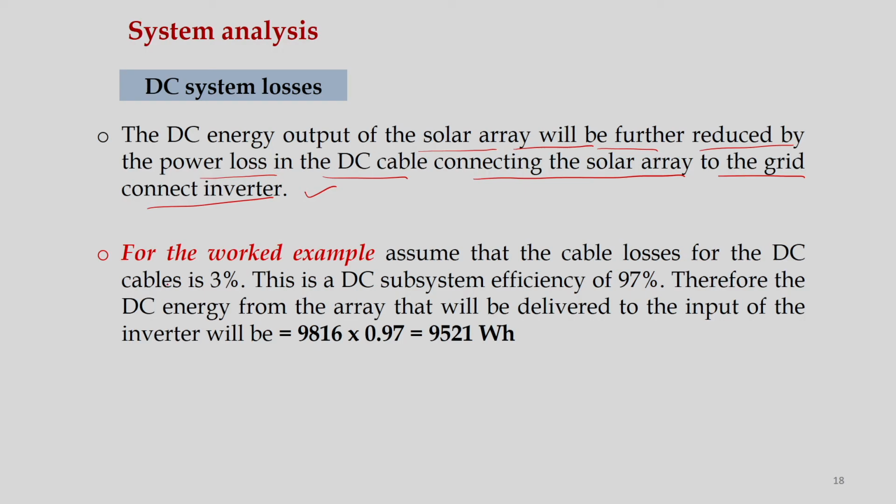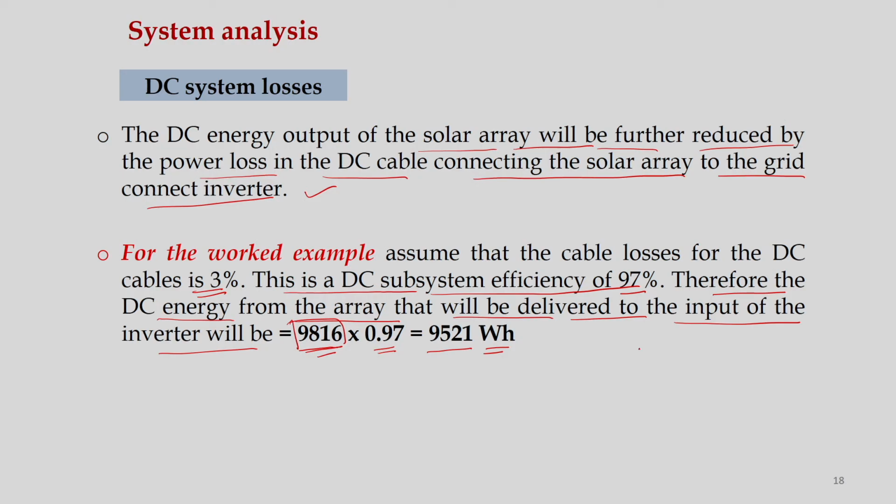If we continue with the same problem and add a loss of about 3% for this DC cable, then the DC subsystem efficiency will be 97%. Therefore, the DC energy from the array delivered to the input of the inverter will be 9816 into 0.97, which is 9521 watt hour. Because this one we have already calculated.